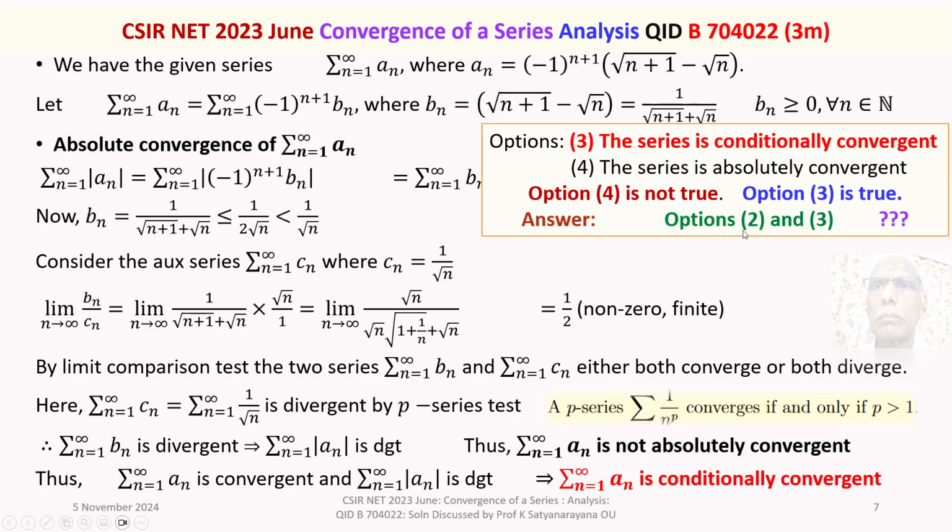But both these options are coming out to be correct. That is why these three question marks have come. So if you give any one of these two answers, that is option 2 or option 3, I hope that you will be awarded full marks. Any one of these options.